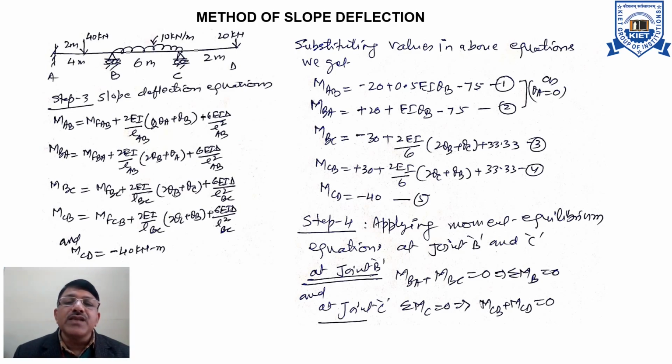If I place the values in the relation mentioned as the slope deflection equation, I will end up with MAB as equation 1, MBA as equation 2, MBC and MCB as equations 3 and 4, and MCD equals minus 40 as we mentioned earlier. Alright, now what have we done? We have followed the steps.